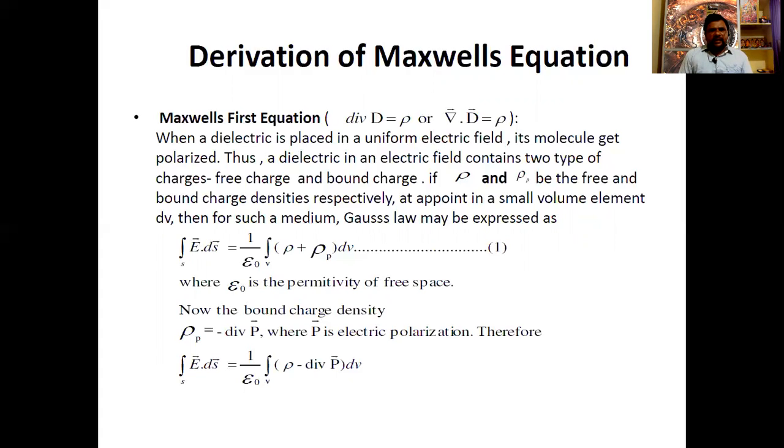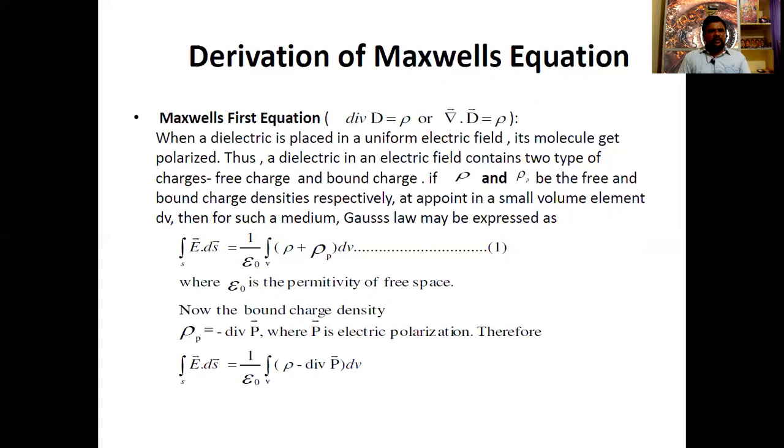So when a dielectric is placed in a uniform electric field, its molecules get polarized. That's why a dielectric in an electric field contains two types of charges: one is free charge and the second one is bound charge.